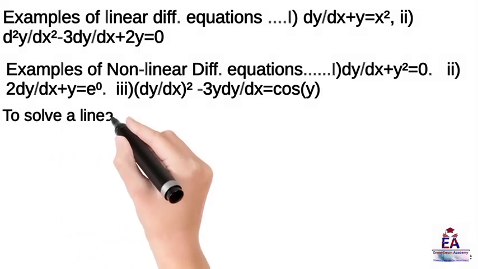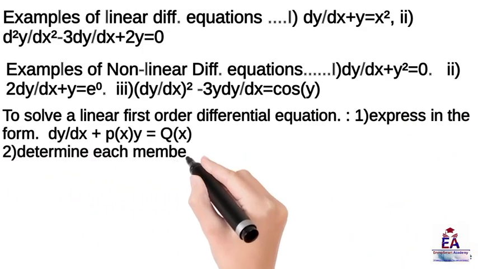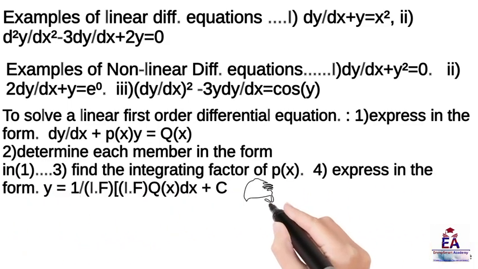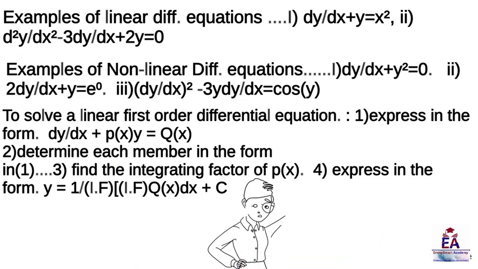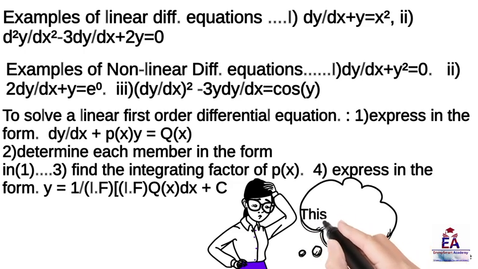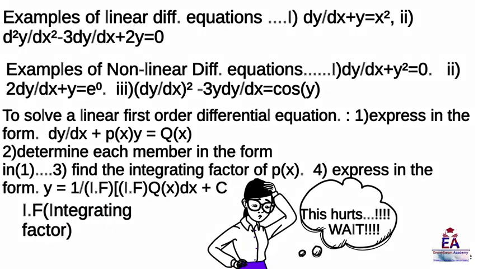All right, let's look at how to solve a linear first order differential equation. There are steps we need to take. First one is we express it in the form dy/dx plus p of x times y equals q of x. Then we determine each member in the form in 1. So we'll find out what p of x is, and we'll find out what q of x is as well.